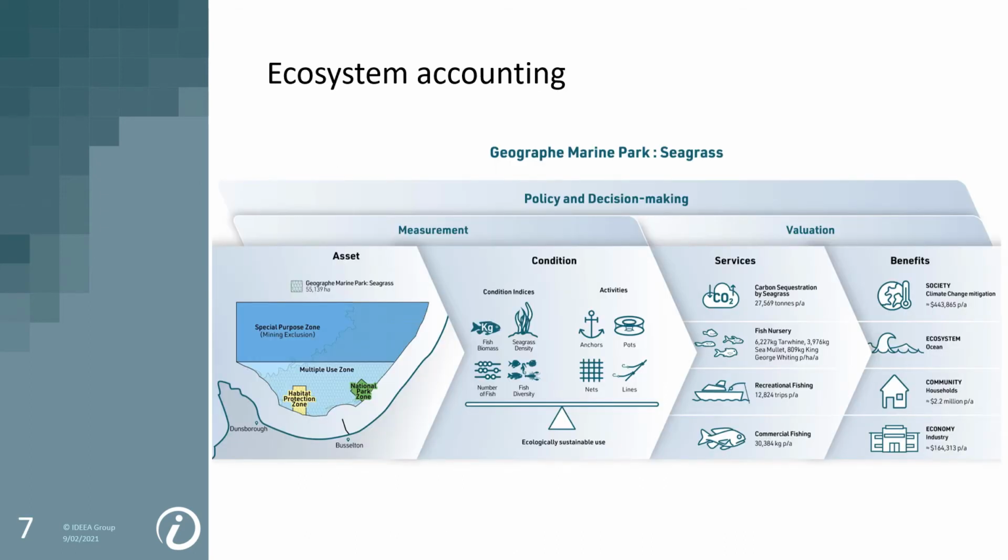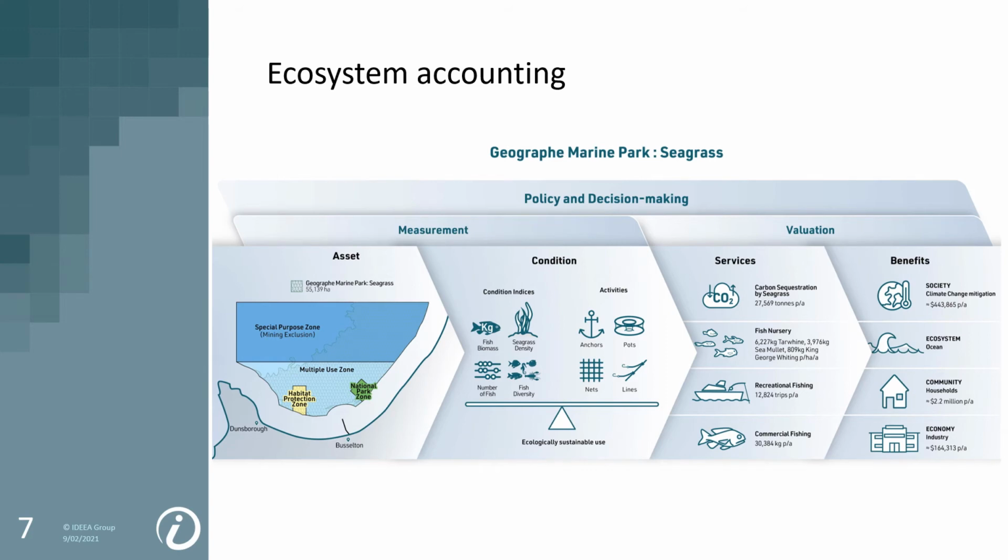A key output that was required from the project was a number of infographics. This one is the first one, and you can see it is based on the core model. So we have the assets, conditions, services, and benefits. But the idea is to try to communicate some of this complex information so that the stakeholders can understand what is happening.